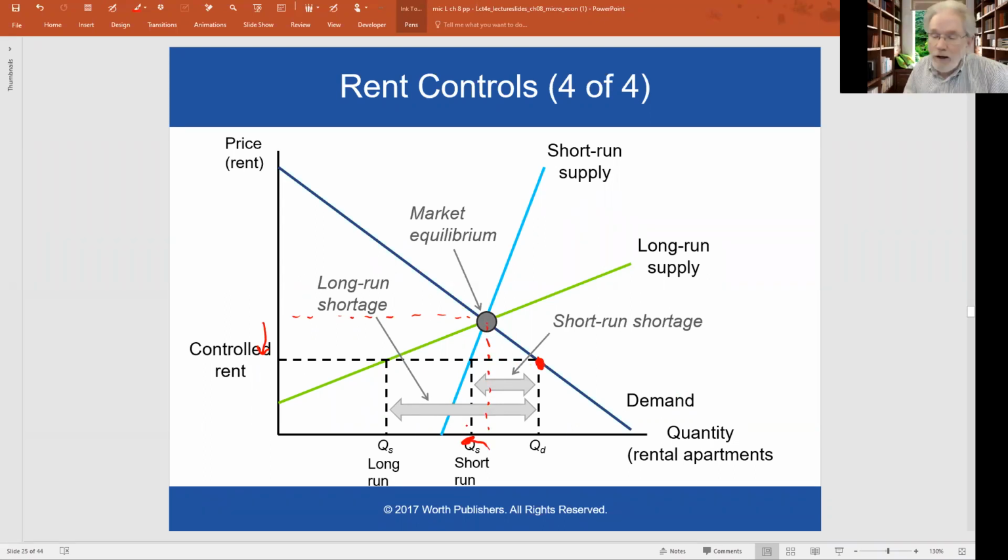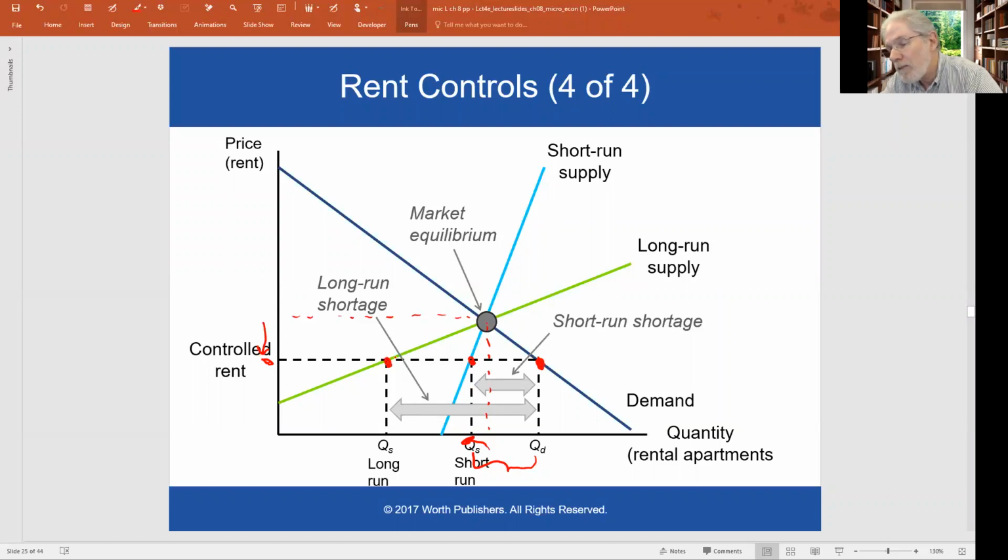The landlords don't have very good options in the short run. So the quantity supplied doesn't go down too much, but you do have a shortage that occurs immediately when the ceiling is imposed. But then over time, quantity supplied is going to respond more, and it's going to respond in a way that is not good for consumers. Keeping the rent at the new controlled level, quantity supplied was here.